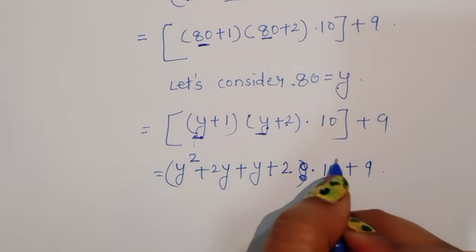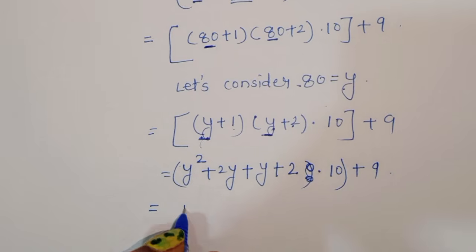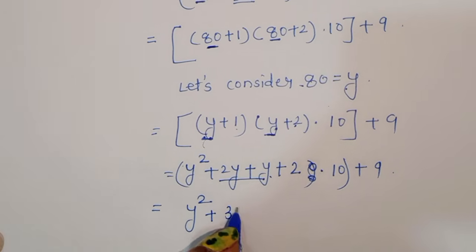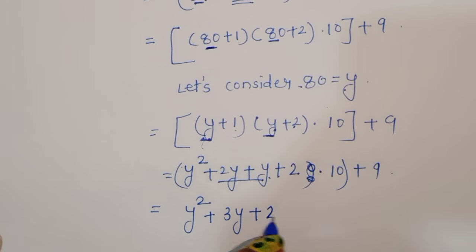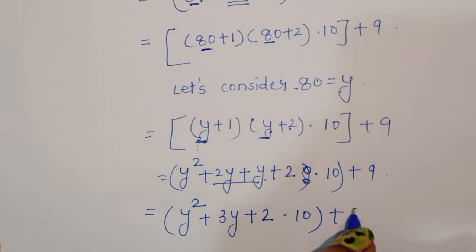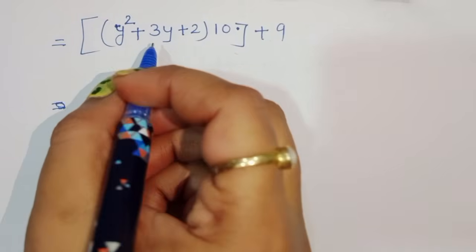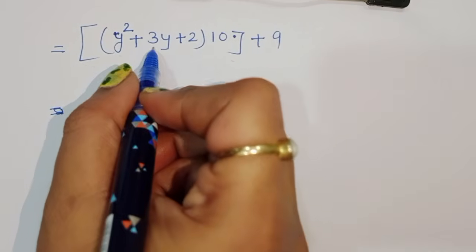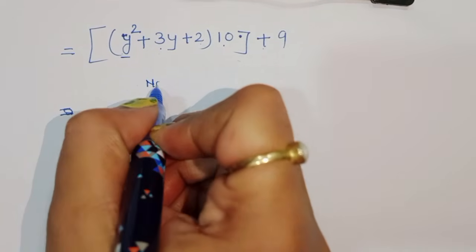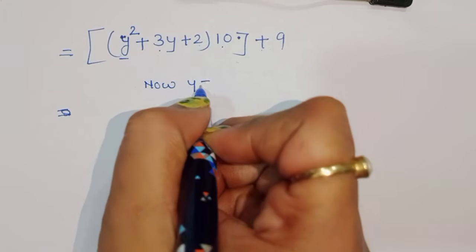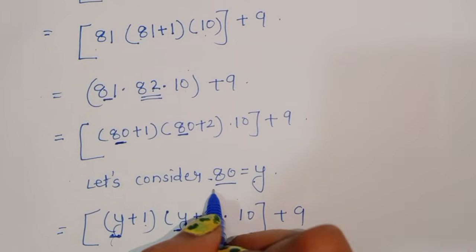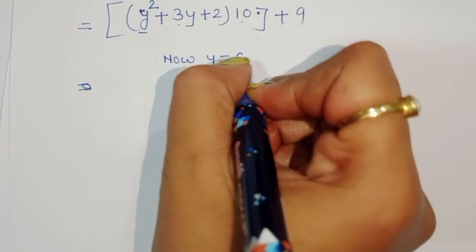This is equal to y square, 2y plus y is 3y, plus 2, times 10 plus 9. Now y we already considered equal to 80, so the value of y is 80.